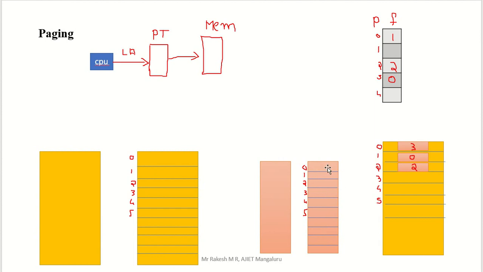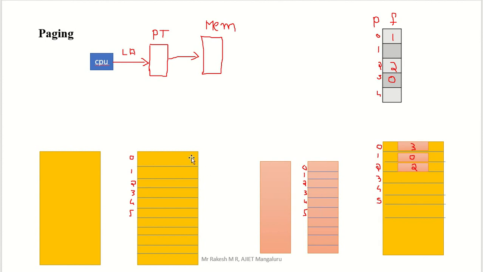Each small block of the process is called a page. Again I will repeat, each block of the process is called a page. Memory we divide into small blocks, and each block is called a frame. For pages also we give numbers 0, 1, 2, 3, 4, 5 like this.